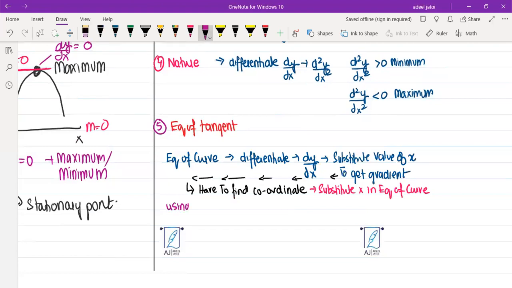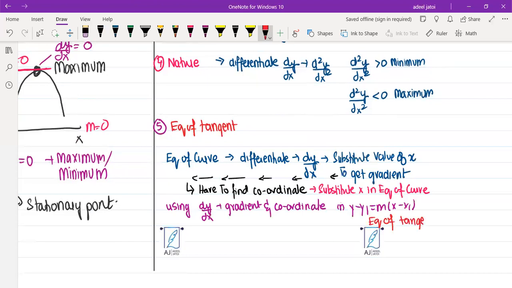Using the dy upon dx gradient and the coordinate in y minus y1 equals m into x minus x1, you will get the equation of tangent.